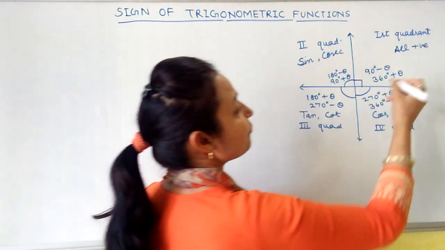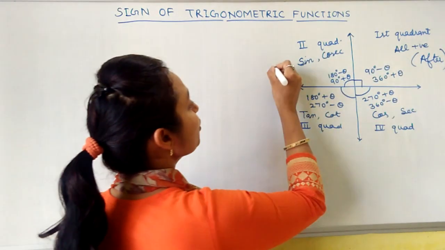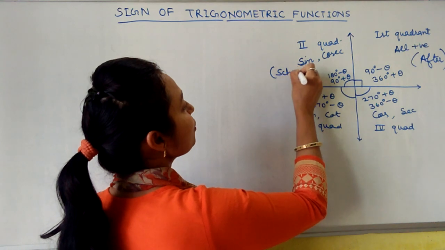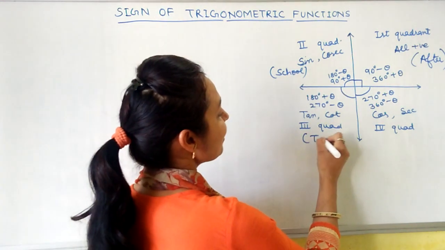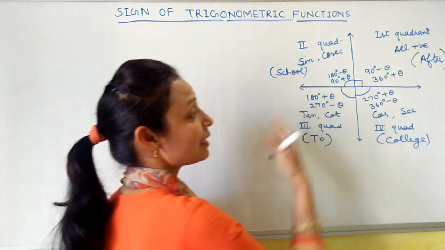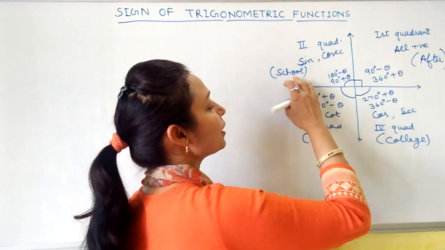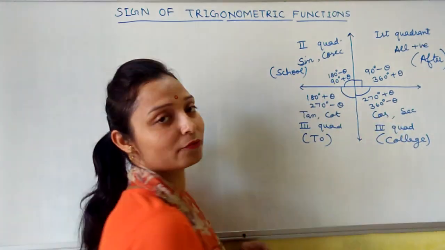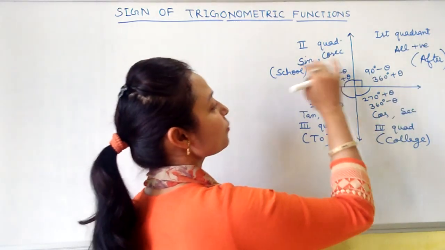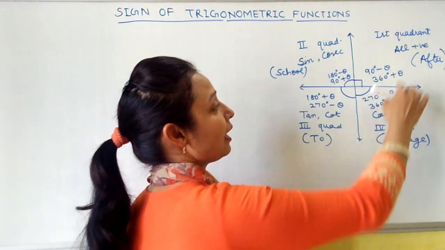That is "After school to college." Why is it known as after school to college, or add sugar to coffee? Both have the same meaning. We will remember it by using this formula.